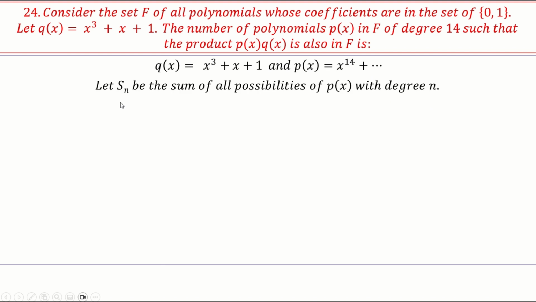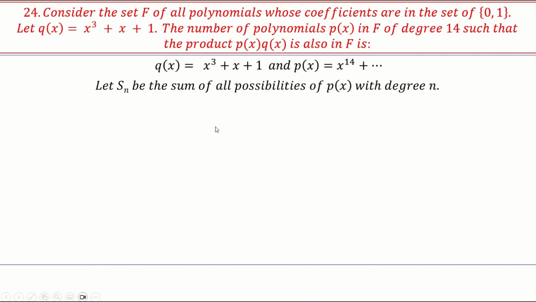Now, Sn is the sum of all possibilities of P of x with degree n. N here denotes not coefficient or terms, it denotes degree. Which means S of 0 means P of x is 1. S of 1 means P of x is x. Okay, x or x plus 1, both are possible.